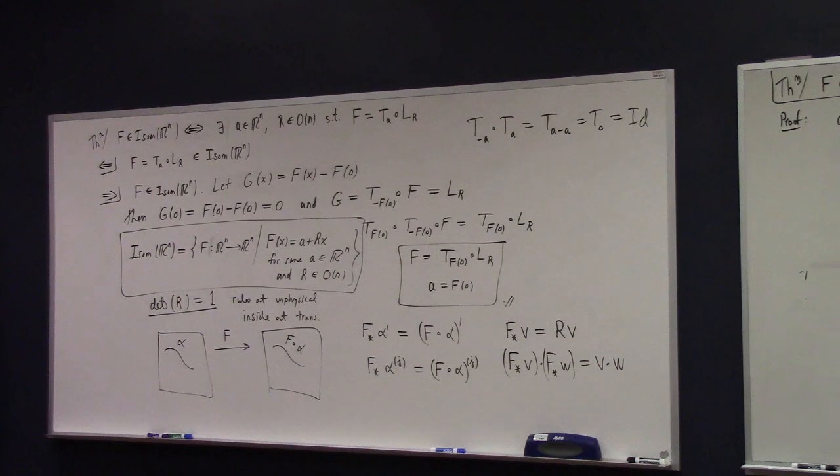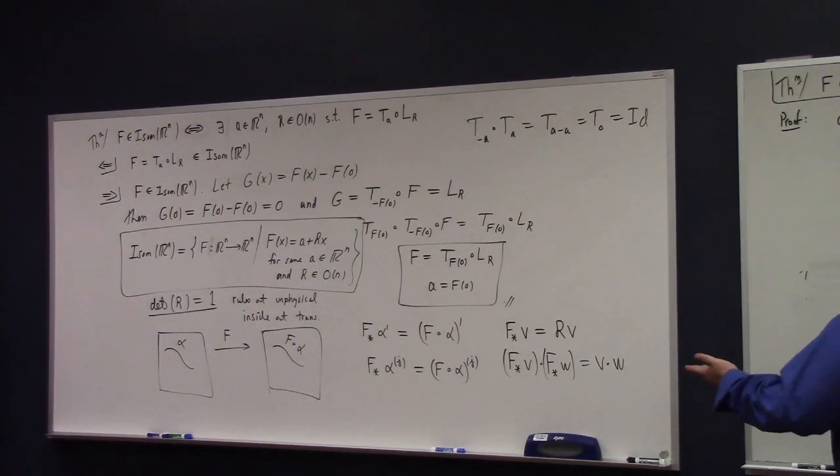Whatever's a geometric notion, if it's true for one space, it ought to be true for the other space, which is obtained by doing a rigid motion of that space.